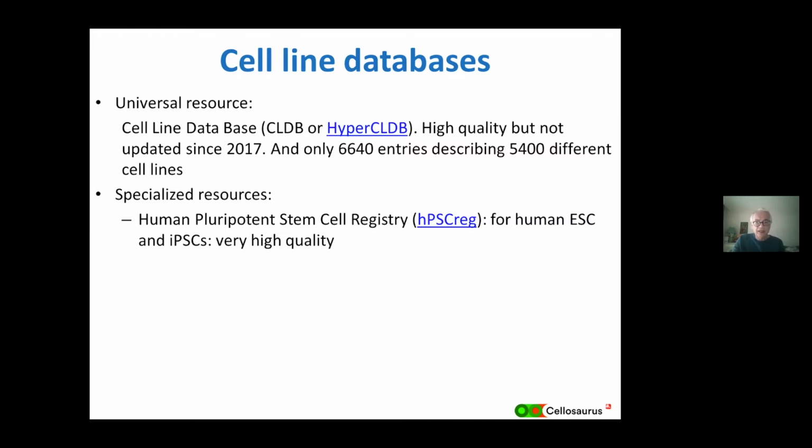It's really a star example of what should be done correctly in terms of catering for cell lines. Of course, it's specific to one category of cell lines, so it doesn't cater for every type. It's human only and those stem cell lines. But in the world of stem cell lines, it's really a star resource. And we collaborate quite nicely with HPSCreg, almost like a daily exchange of mails and information between the two resources.